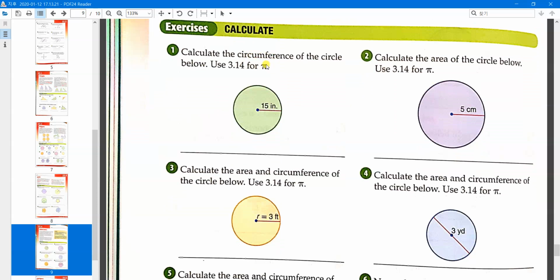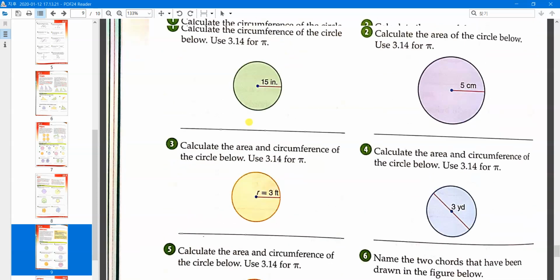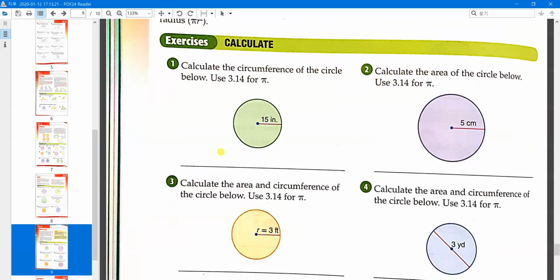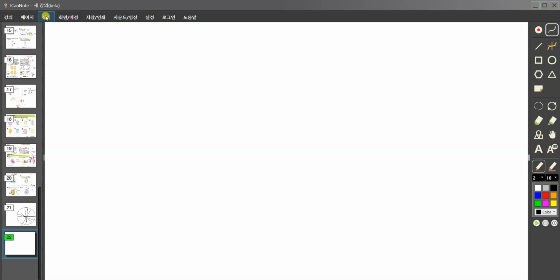Now, the circumference calculation. Do you like calculation?